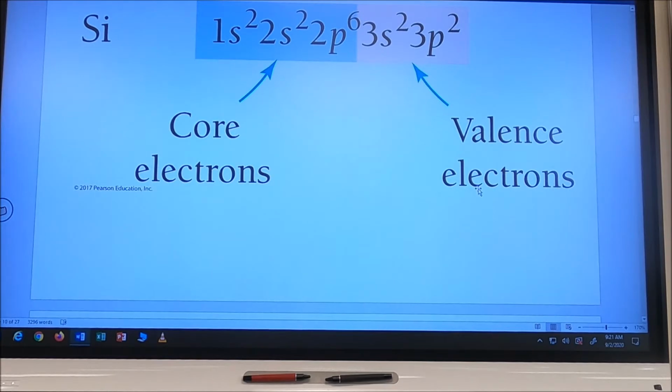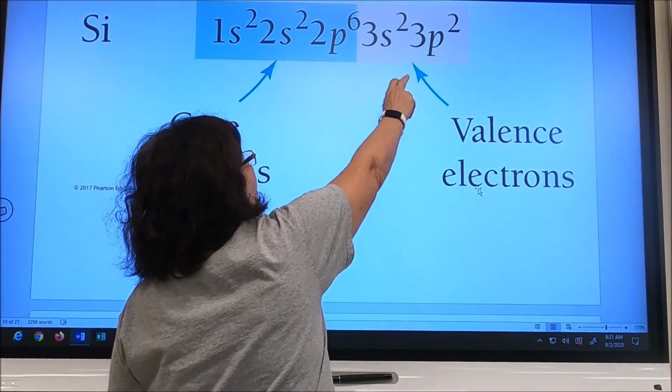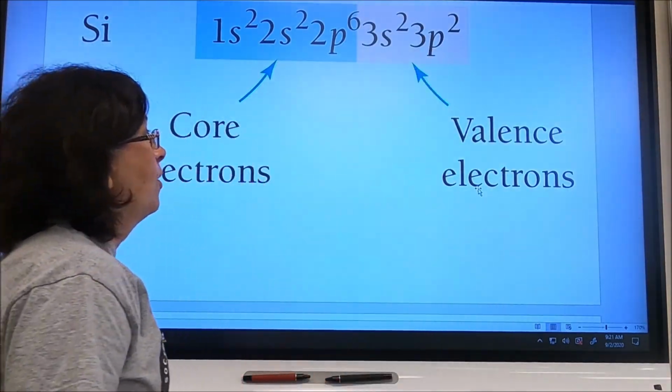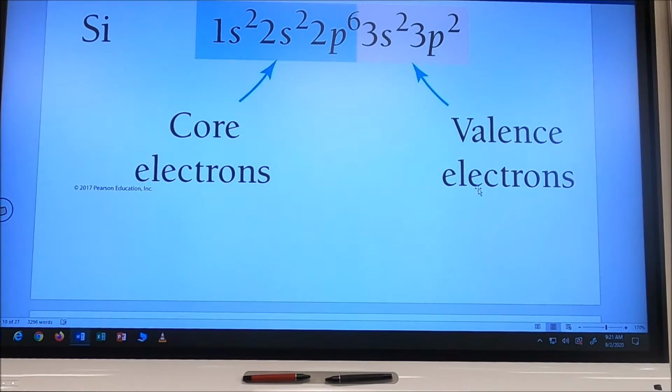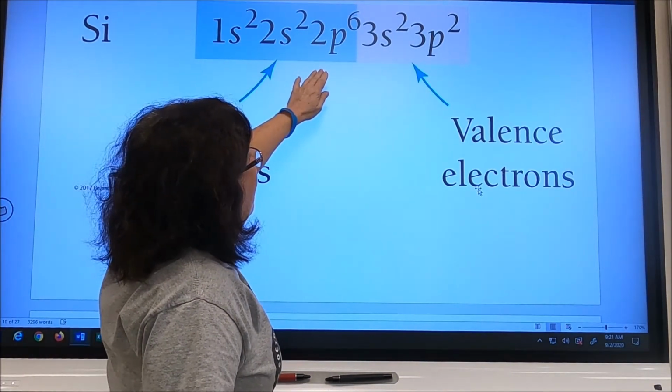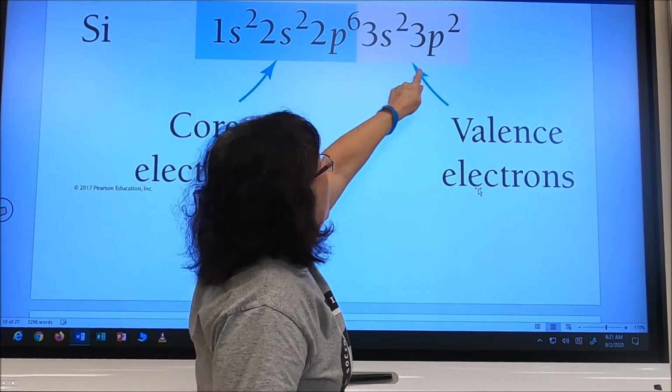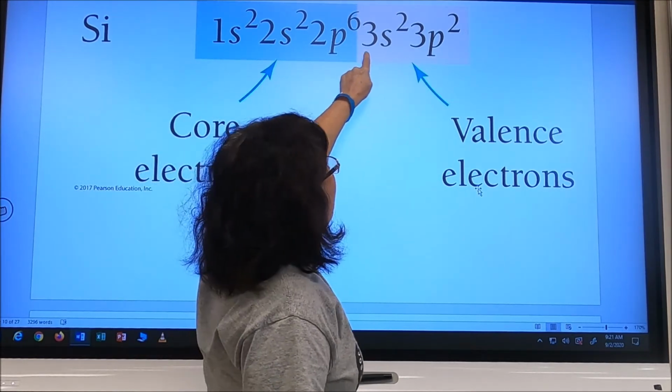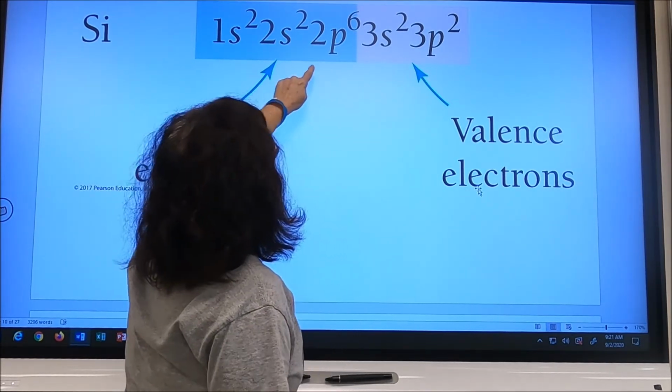Okay, here's the element silicon. Silicon is a main group element. It's in the P block. I can tell you that because look, its electron configuration ends in a 3p2. So if I look at the valence electrons, those in the outermost shell, the highest N value, those are valence electrons.